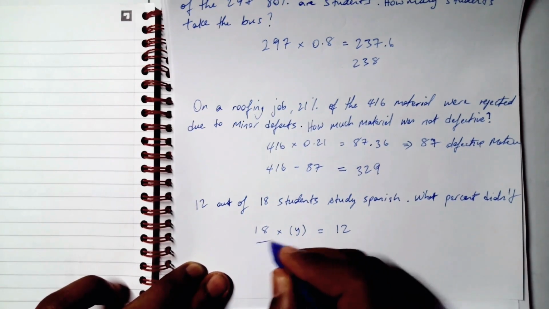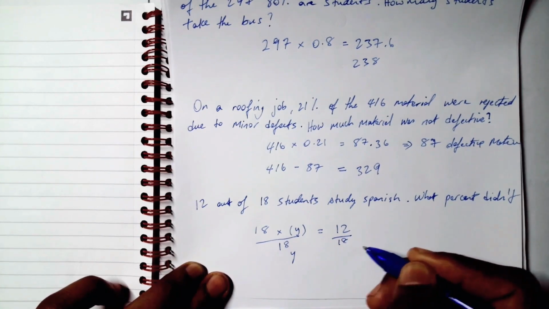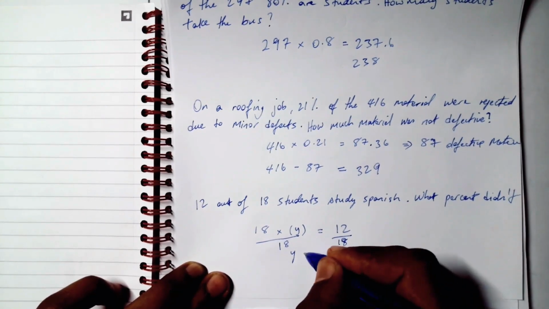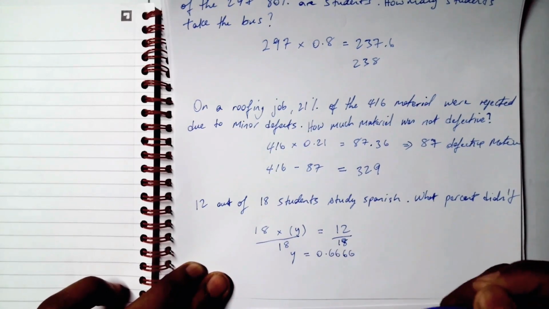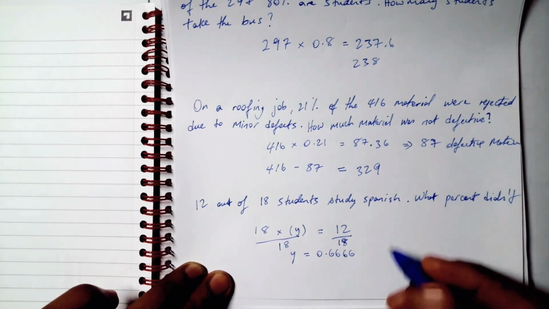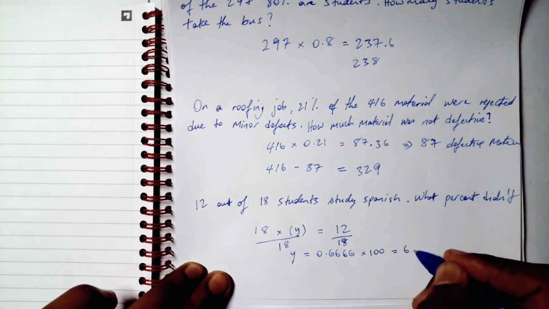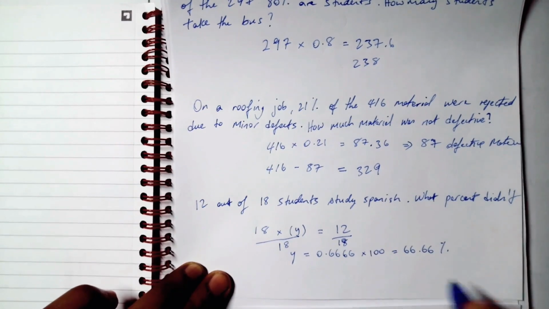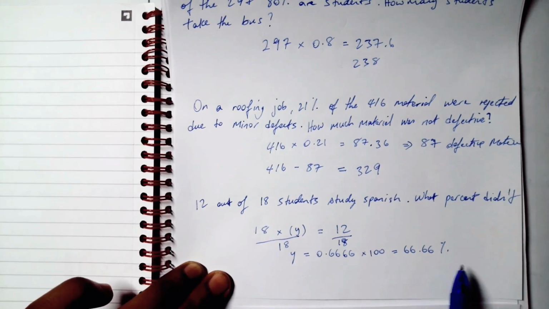So when we divide both sides by 18, we get y by itself, and y is going to be equal to 0.6666 all the way out. To convert this to a percentage, we multiply by 100, and we get 66.66%. Cool. So this is the percentage of students who take Spanish.